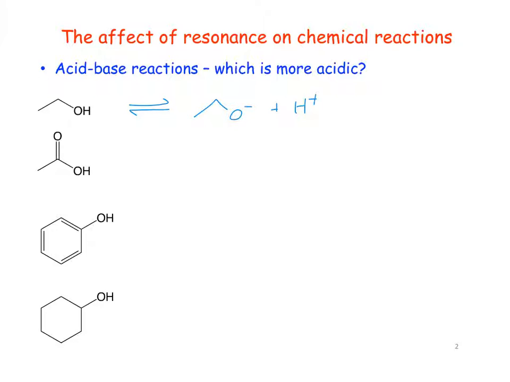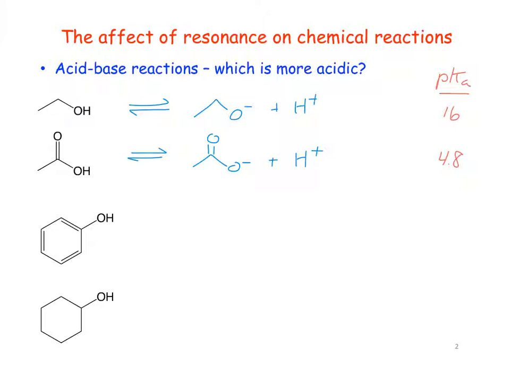And if we compare that to the next one, a carboxylic acid, doing the same reaction, we find that they have a very different level of acidity. If we write out pKa values over here, we see that the pKa of an alcohol like ethanol is about 16. The pKa of a carboxylic acid like acetic acid is about 4.8.